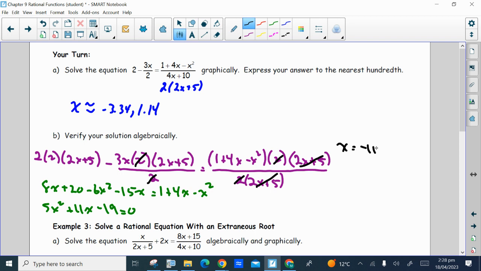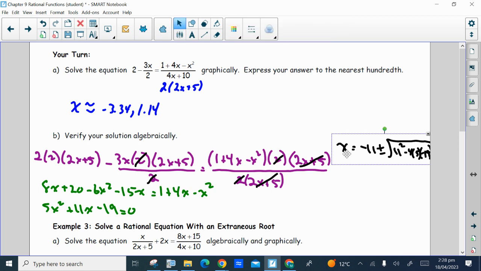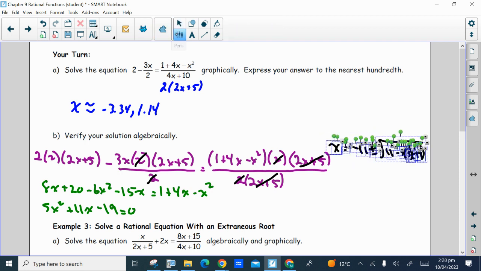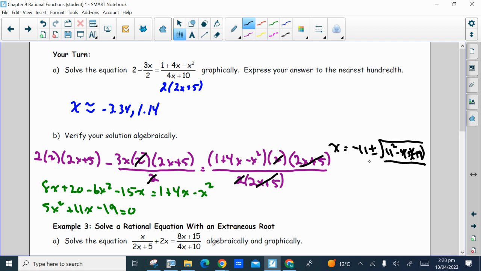Negative b plus or minus the root of b squared minus 4 times a times c, which is negative 19, all over 2 times a.